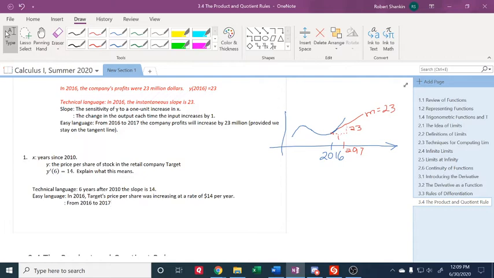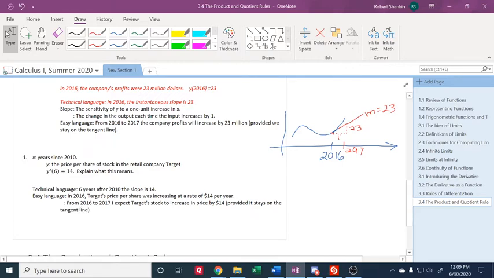From 2016 to 2017, I expect Target stock to increase in price by $14, provided it stays on the tangent line.